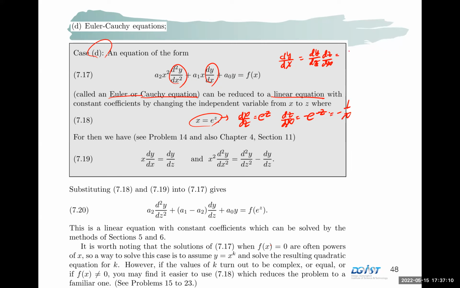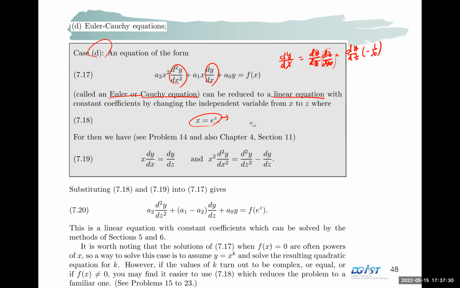So this is dy/dg times 1 over x. You may get some idea why we need this.